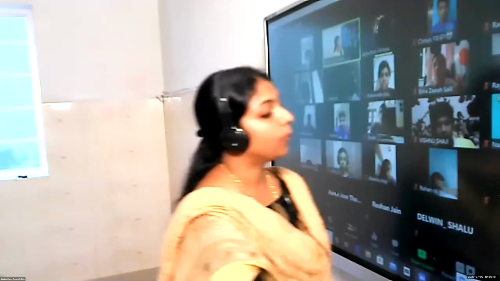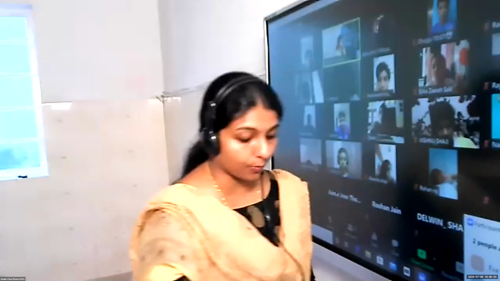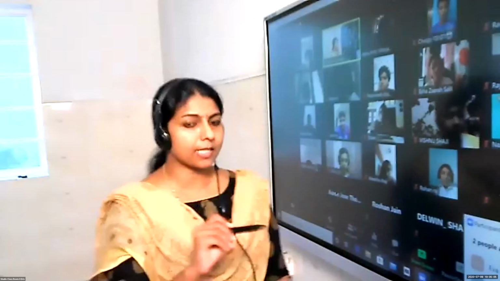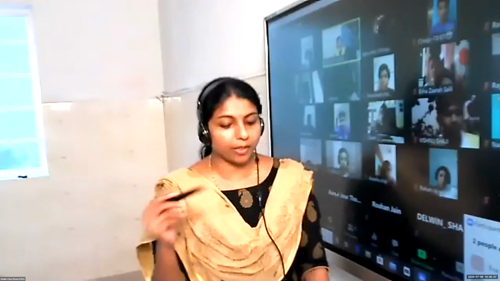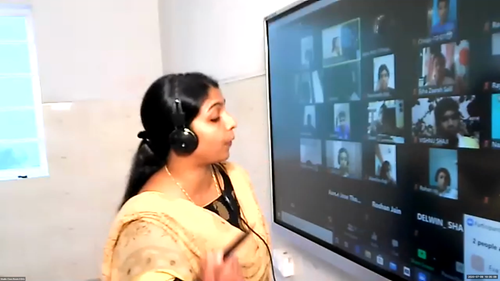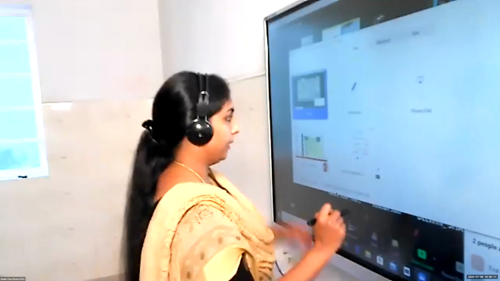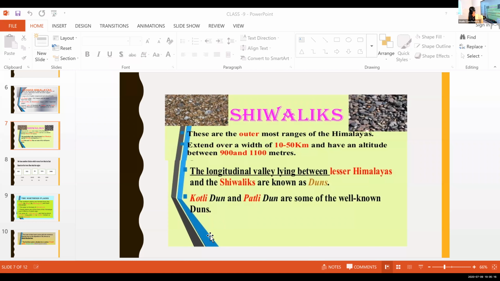Let us see what they are from west to east. Actually, this division from west to east is based on the rivers flowing through the region.